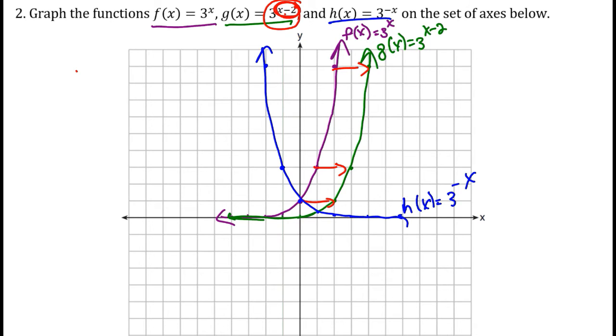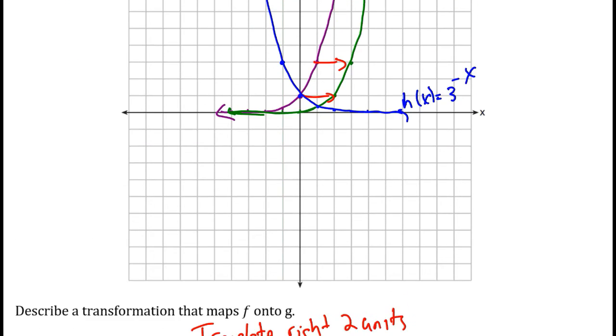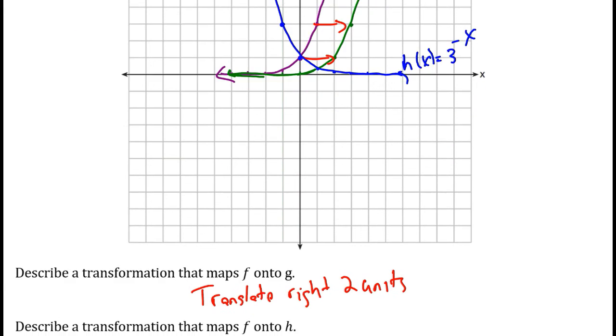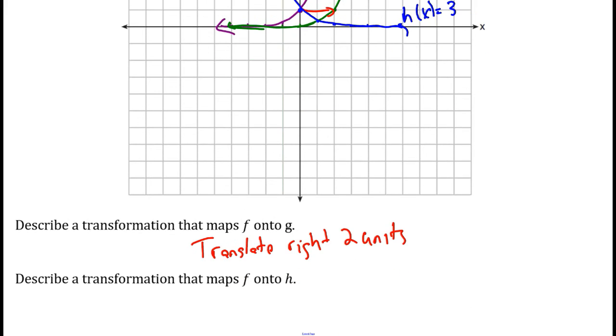Make sure you get that end behavior correct. And describe a transformation that takes our original f function onto h. What transformation takes the purple onto h? Well, let's use good geometry words here. It was flipped across the y-axis. So in geometry land, we call that a reflection. We reflect f across the y-axis.